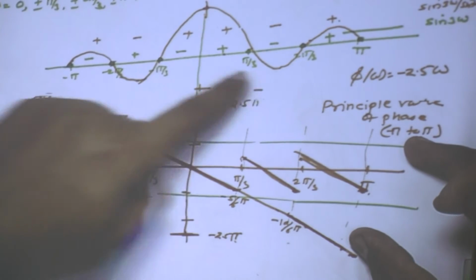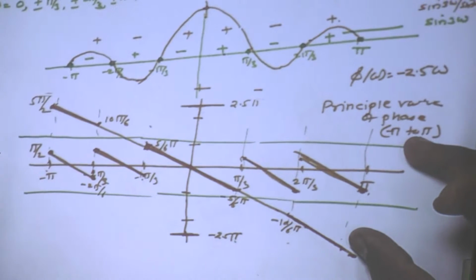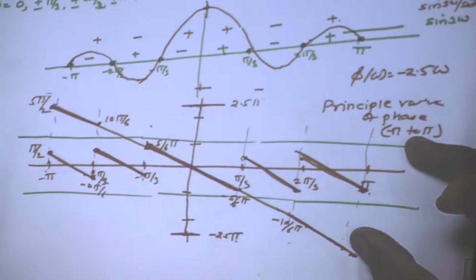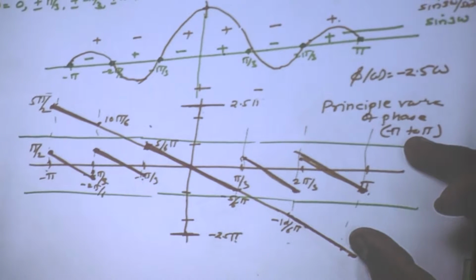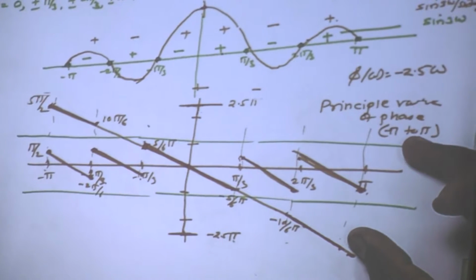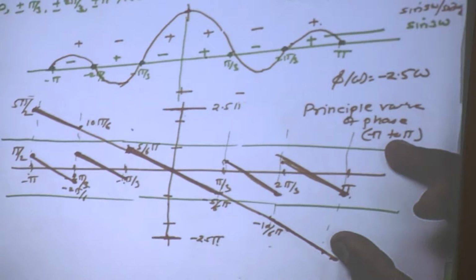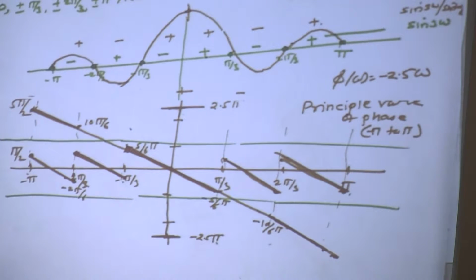The second adjustment was due to the phase exceeding plus pi or minus pi. When it is exceeding plus pi or minus pi, you add or subtract 2 pi from it. And when it becomes negative, you add or subtract pi from it. Okay? Is it clear? Any question here?